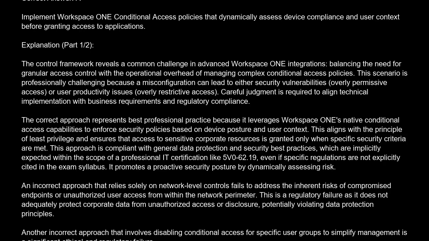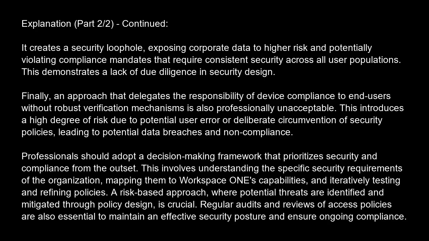Another incorrect approach, which involves disabling conditional access for specific user groups to simplify management, is a significant ethical and regulatory failure. It creates a security loophole, exposing corporate data to higher risk and potentially violating compliance mandates that require consistent security across all user populations. This demonstrates a lack of due diligence in security design.